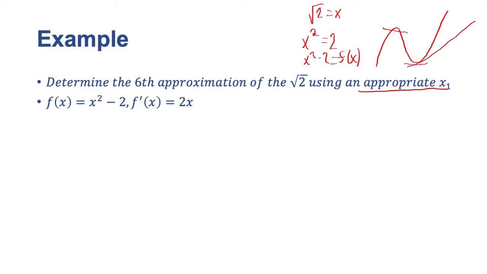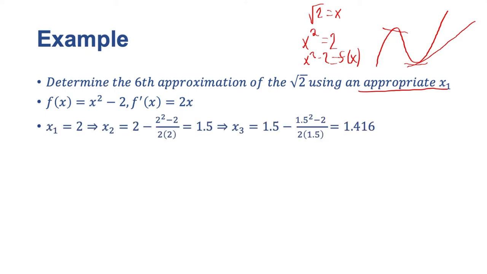Now that we've found our functions and our derivatives, why don't we pick an x1? I think 2 is going to be an appropriate x1. So let's try that. So x1 is going to be equal to 2. Of course we know our formula. So x2 is going to be 2 minus (2 squared minus 2) over (2 times 2), and that's equal to 1.5.